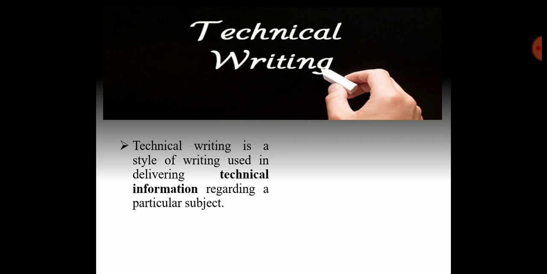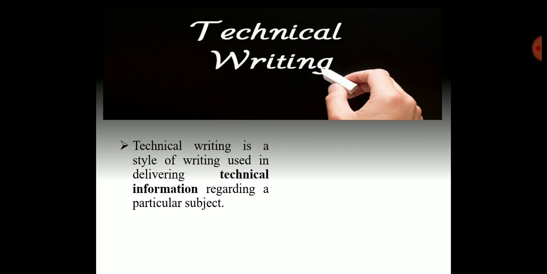So when technical writing is undertaken, the delivery is always about technical information, and the people who are listening to this technical writing or who are writing it will have quite some knowledge about what the subject is about, and those who are listening to it will always understand or have some knowledge about that specific topic, whatever subject it is about.